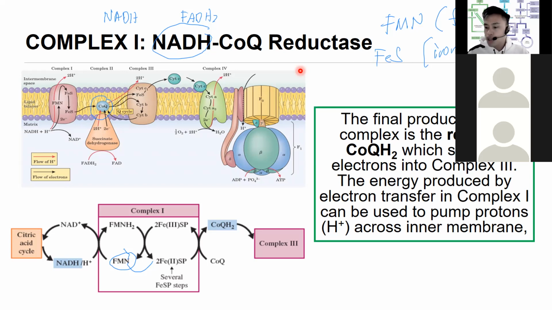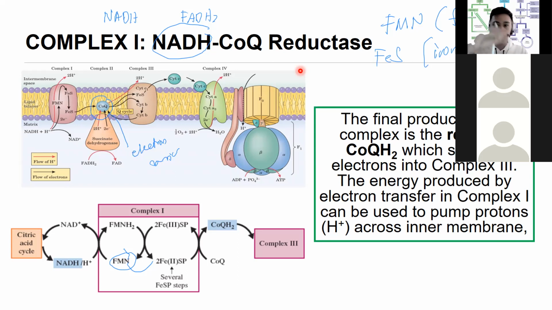Remember, class, your coenzyme Q is an electron carrier. That means it will be the one that carries the electrons from complex 1 to the next complex. Do you follow? So you see the progression. Electrons coming from NADH will be passed on to flavin mononucleotide.